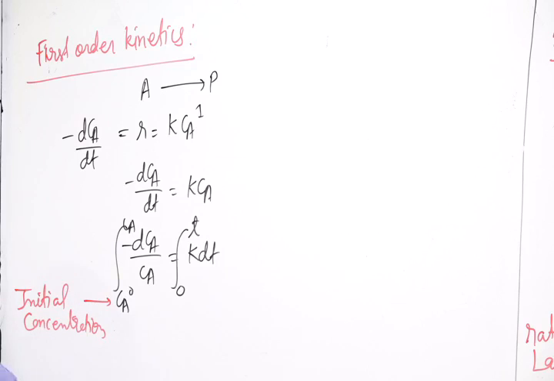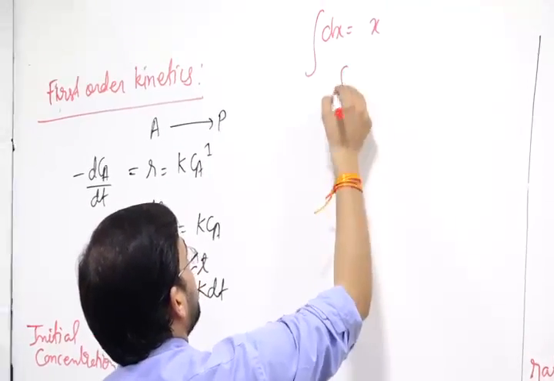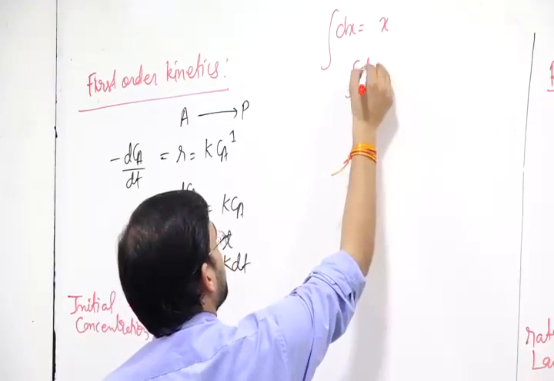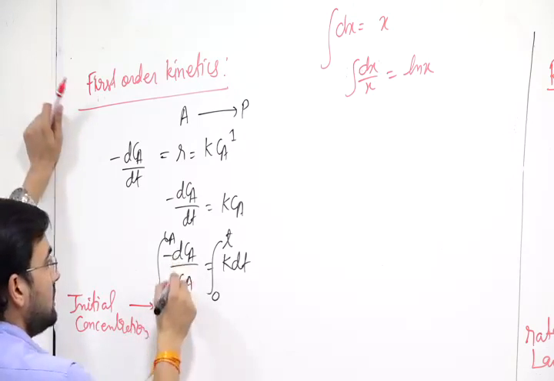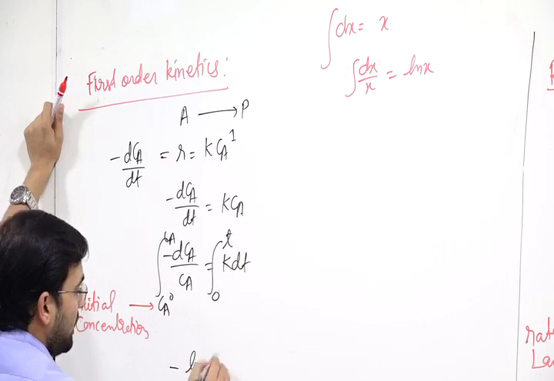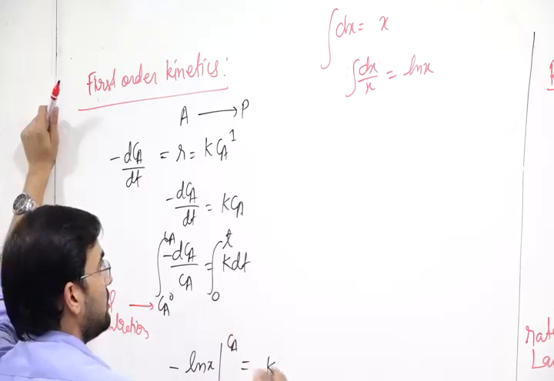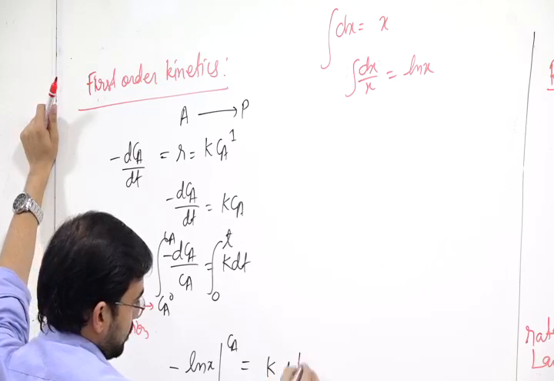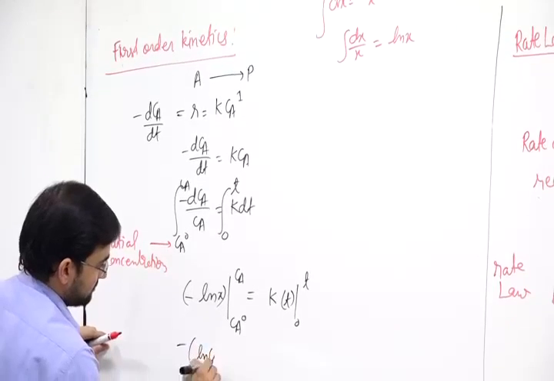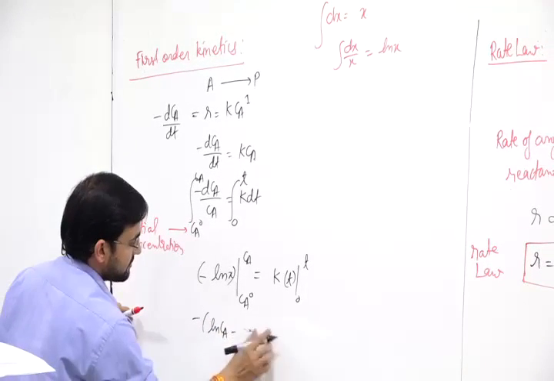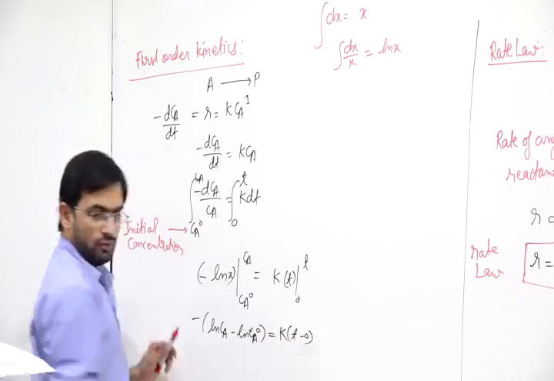Now, two integration formulas you must have memorized before. Integration of dx is x, and integration of dx by x is ln x. Remember those two. So minus of ln x from Ca naught to Ca equals k, which is a constant, times integration of dt, which is t from 0 to t. So we can keep the minus as it is: minus ln Ca minus ln Ca naught equals kt minus 0.